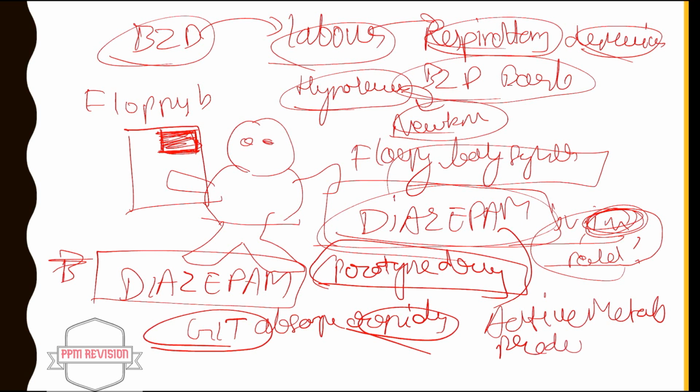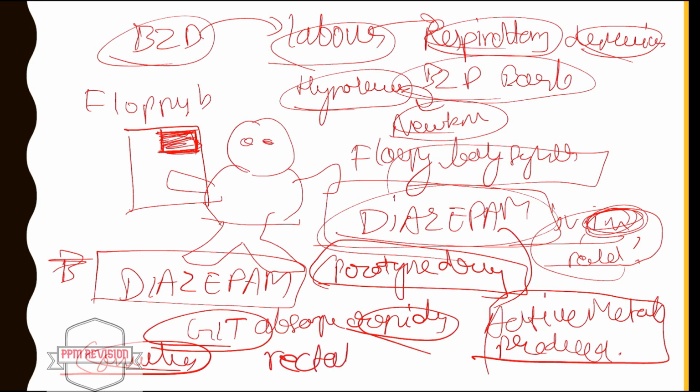Done? Are you with me? Yes. Now, the reducer effect is also very less, and it can be used rectally to control convulsions. So in case of convulsions, we need to know it can be given rectally.